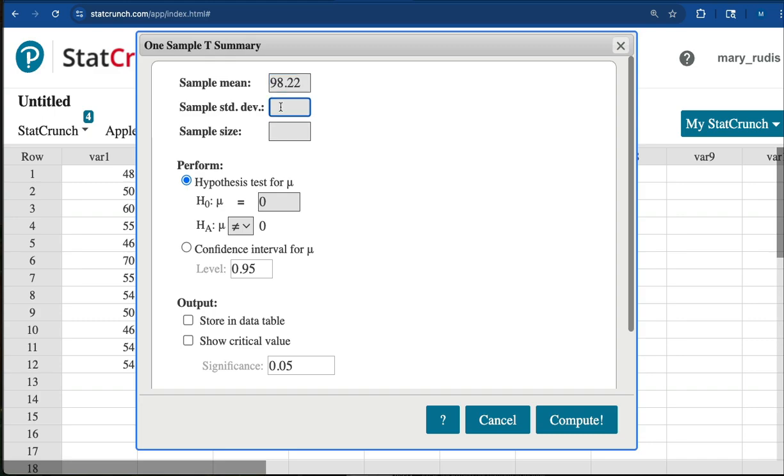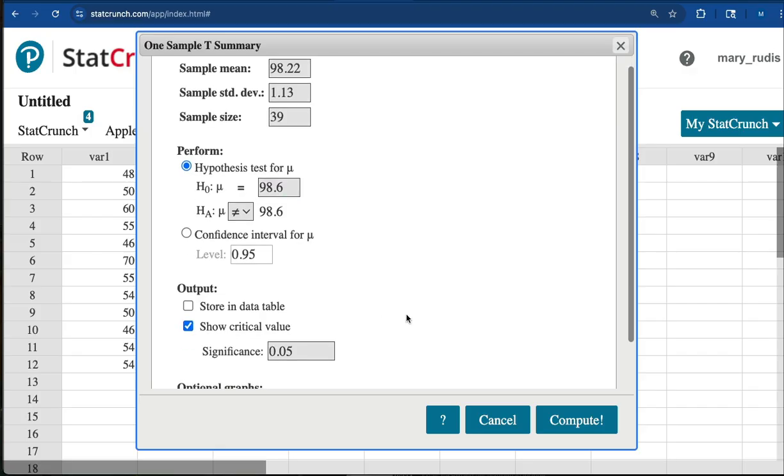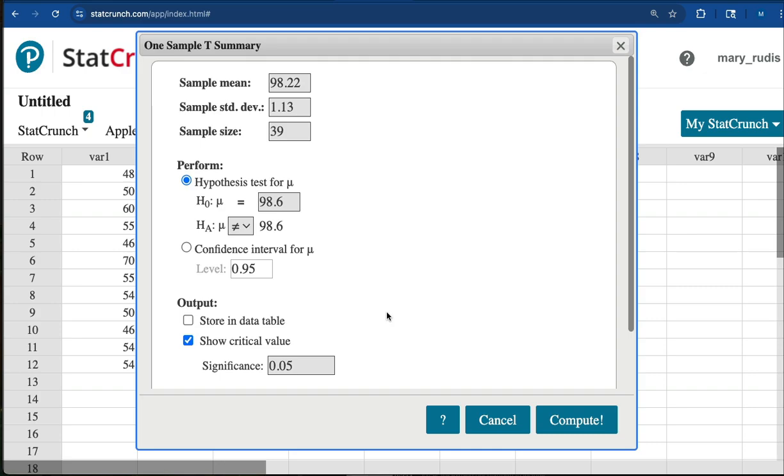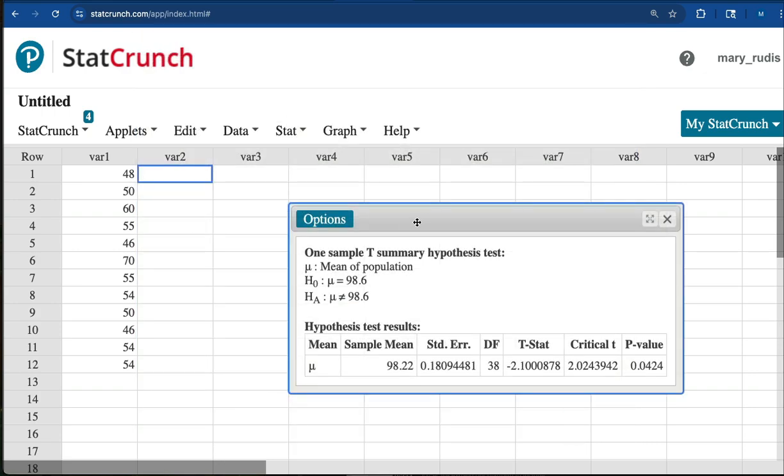Sample standard deviation was 1.13. The sample size was 39. And our hypothesis is the true mean was 98.6 versus mu not equal to 98.6. And I'm going to go ahead and show the critical value just in case we need it. And our significance level is 0.05. So let's go ahead and hit compute.